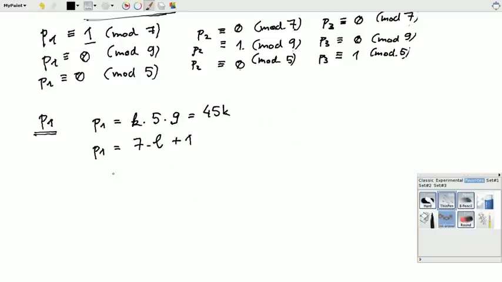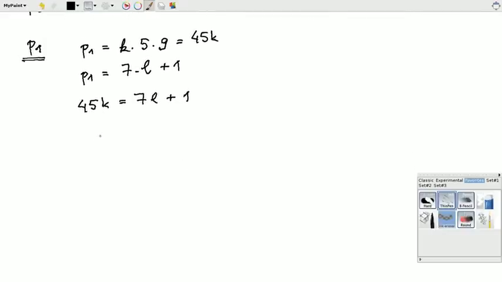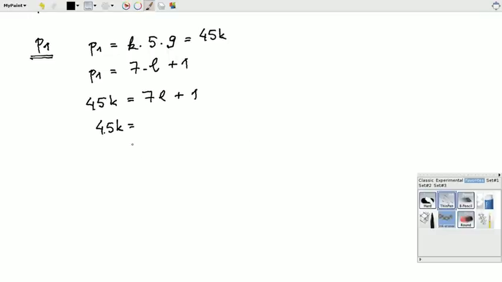Okay, so let's put those two equations together and see what will happen. 45k is equal to 7L plus 1. Or also, 45k minus 7L is equal to 1.